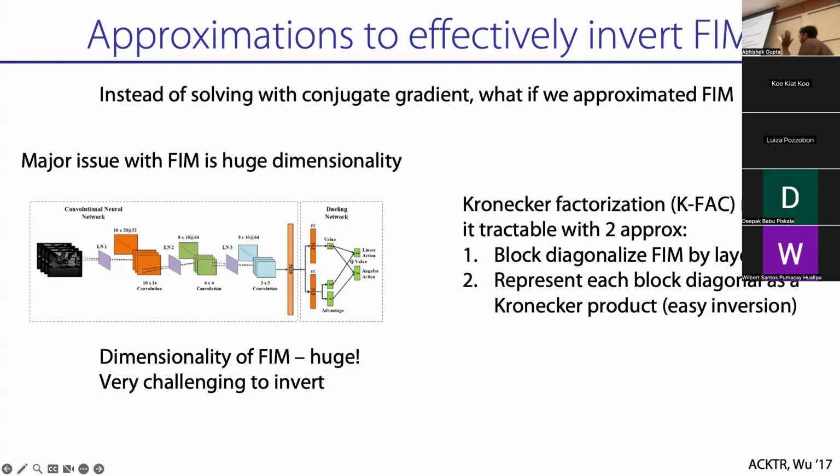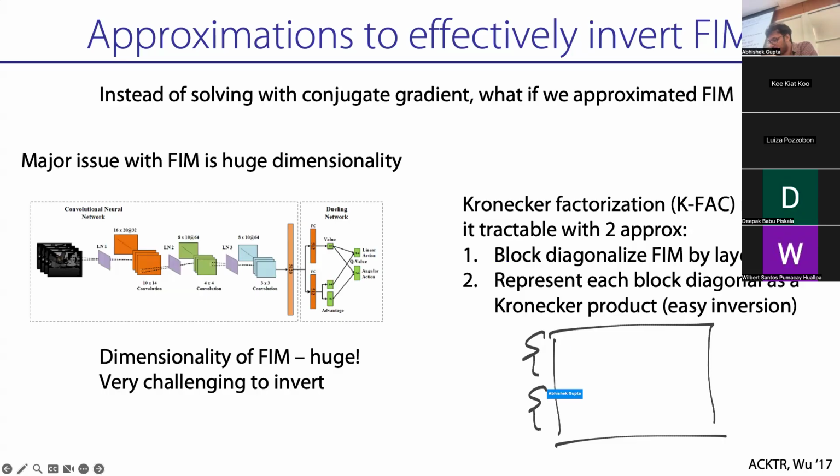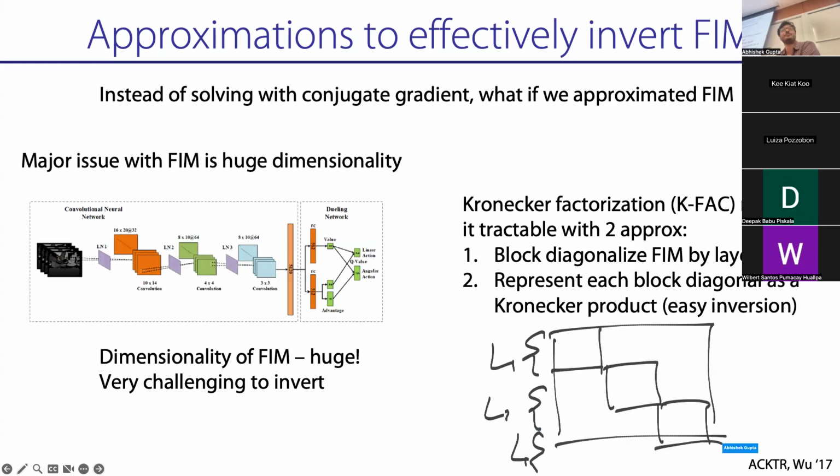So you're going to do two things. You're going to start by block diagonalizing your Fisher information matrix. Imagine this was your Fisher information matrix, and imagine that these were your parameters. This was layer 1, this is layer 2, this is layer 3. You're not going to consider a full matrix. You're going to consider a block diagonal matrix, so you're going to ignore all the off diagonal terms.